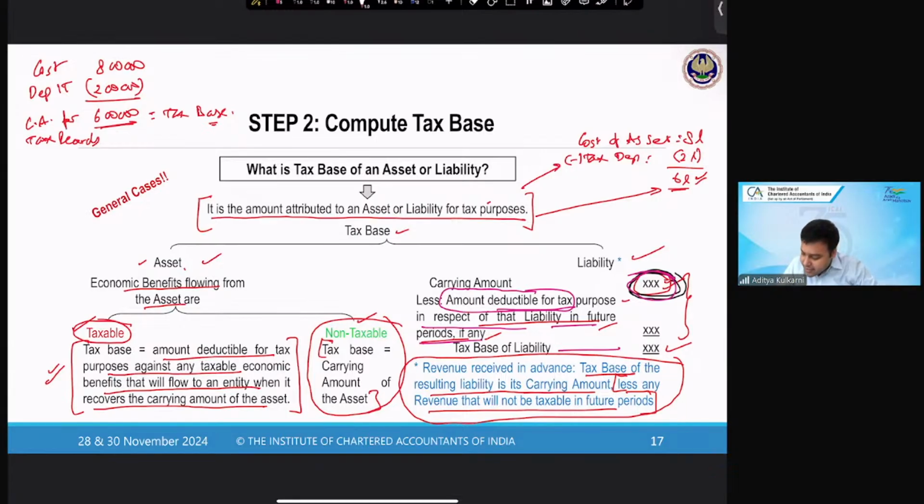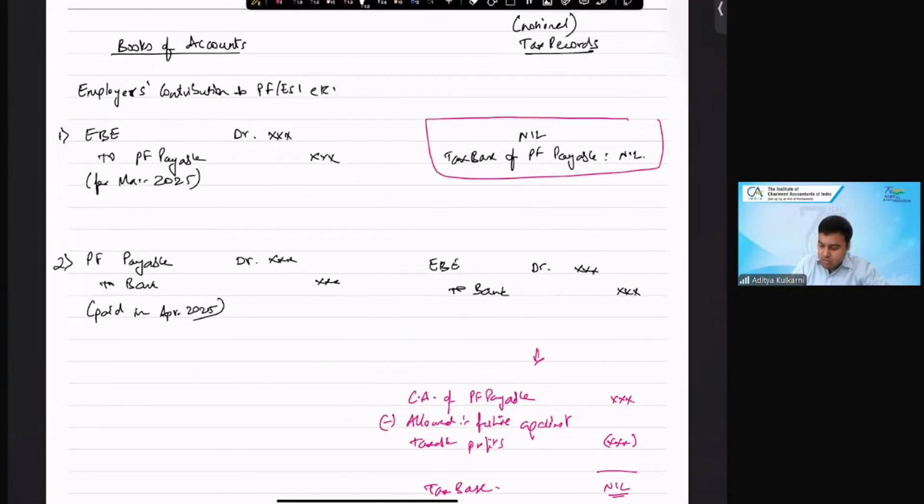So the tax base is dropping to 0. Did you understand this? Yes, sir. And look at this understanding. Are both of them matching to each other?